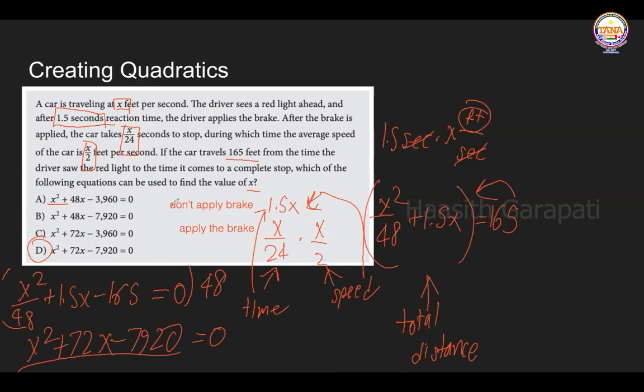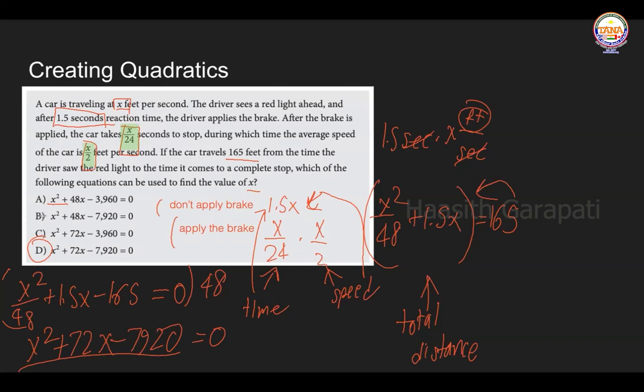So there was a scenario with two parts: the part where he applies the brake, and the part where he doesn't apply the brake. For the part where he applies the brake, they tell us it takes x over 24 seconds to stop, and during this time, the average speed is x over 2.